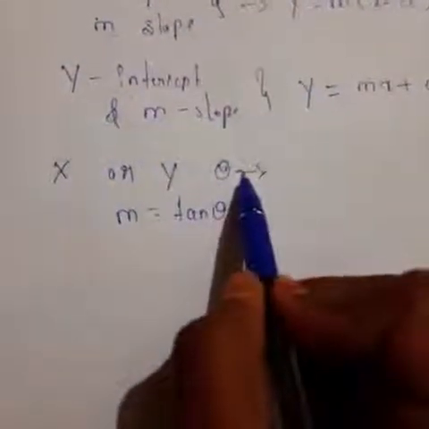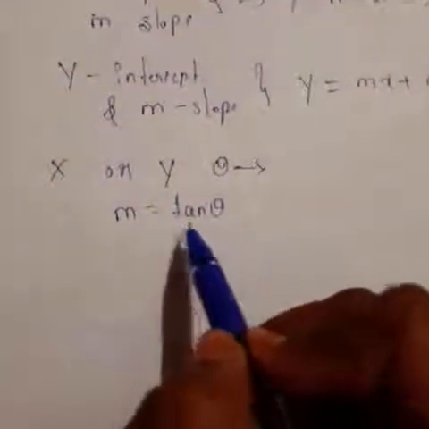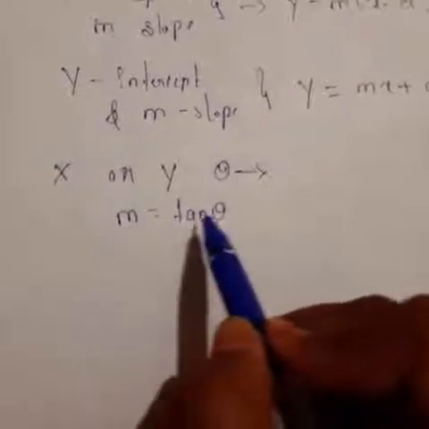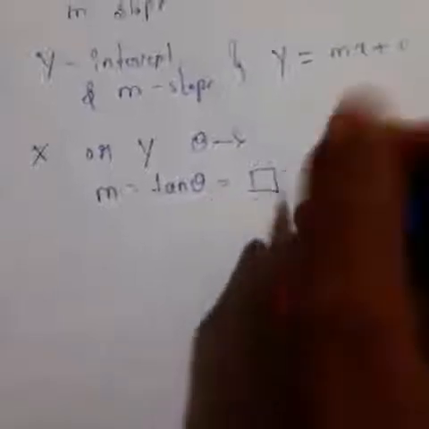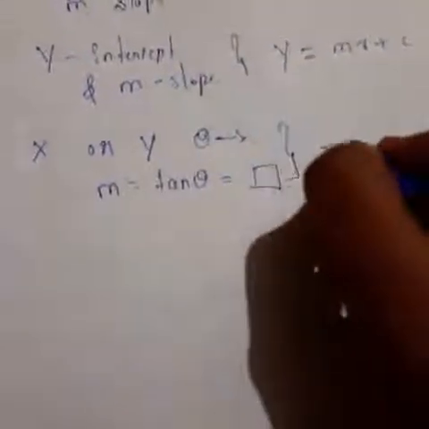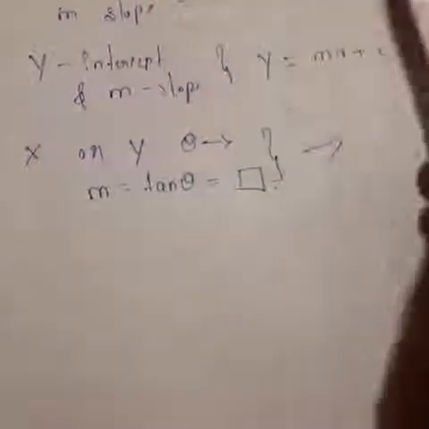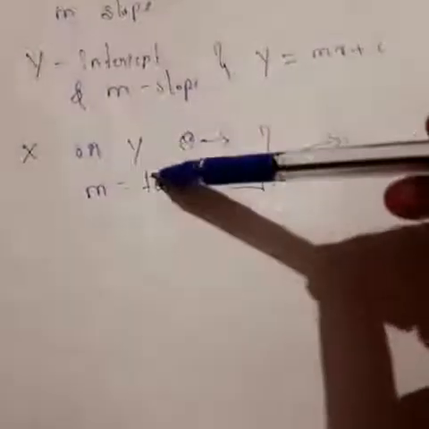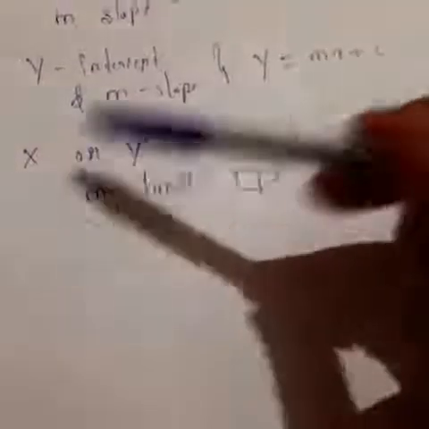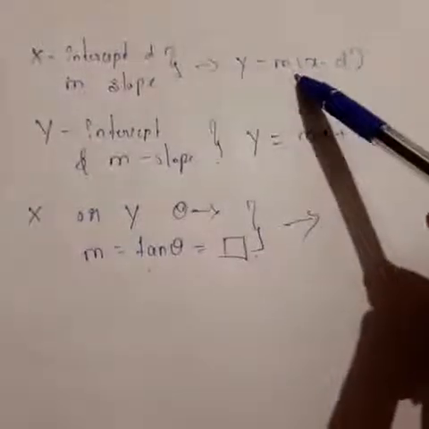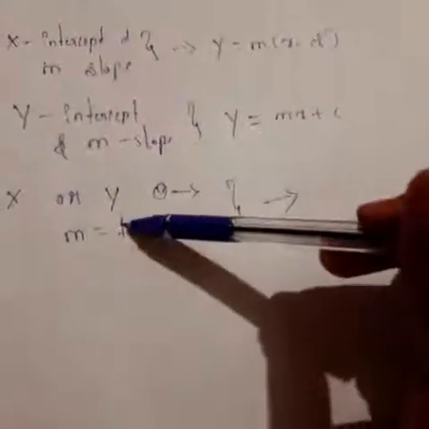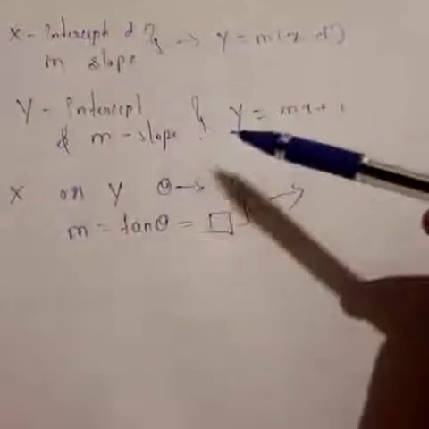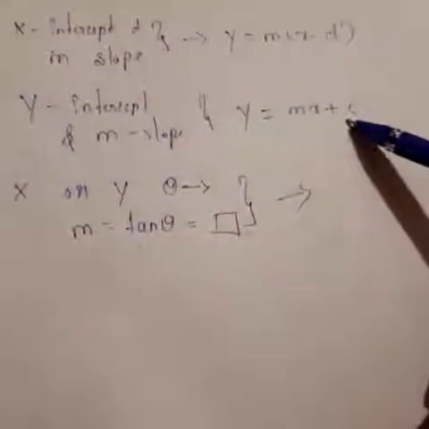Using the angle, first we have to find the slope using m is equal to tan theta. You will get the m value. Then, depending upon the x-intercept or y-intercept, if they give the x-intercept, you have to use y is equal to m into x minus d formula. If they give the y-intercept, then you have to use y is equal to mx plus c formula.